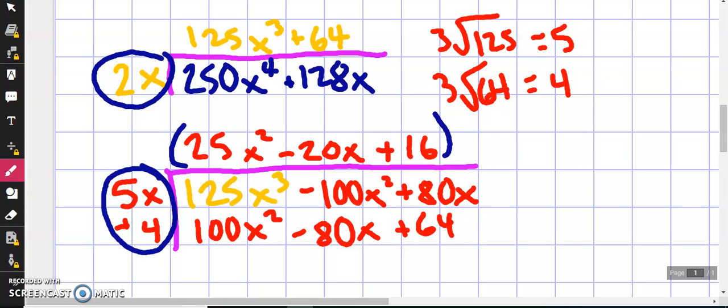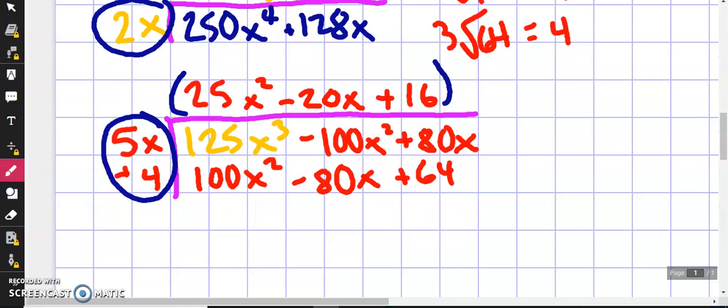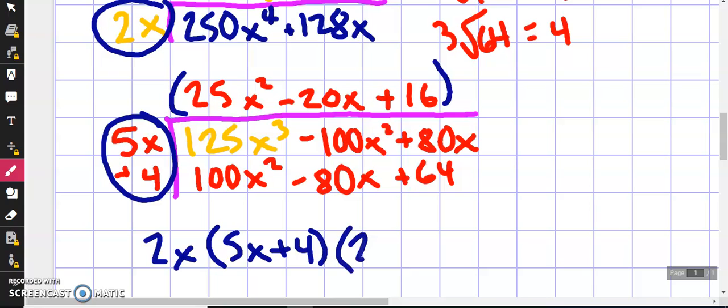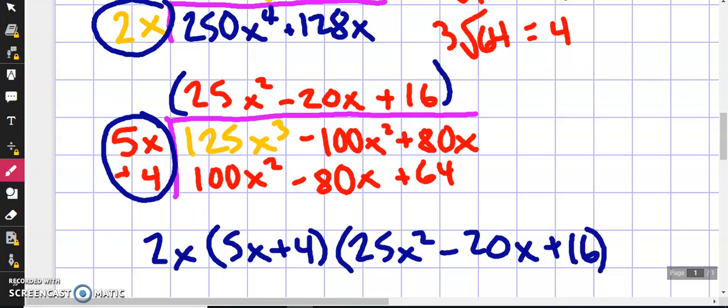So to completely factor the expression I was given, I need to copy down all three pieces. So my final answer, I have 2x, 5x plus 4, and then 25x squared minus 20x plus 16.